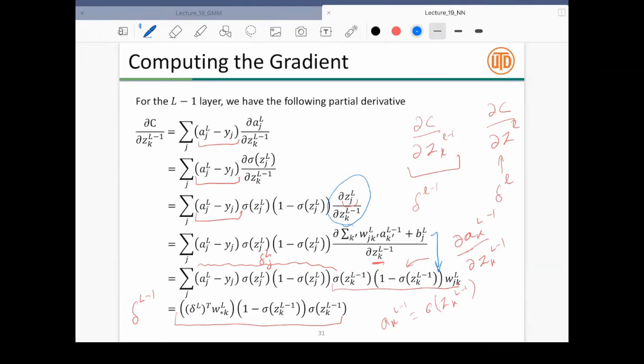In order to do that, you need to expand ZL as a function of the sum over K of WL JK prime multiplied by AK prime L minus 1 plus B, and then use the fact that A itself is a function of Z through the sigmoid. Using all of this, you will get this term over here, which is the blue that I circled. But the rest of the math will go through the same way for any arbitrary layer.